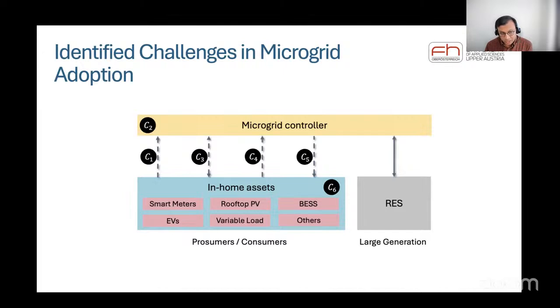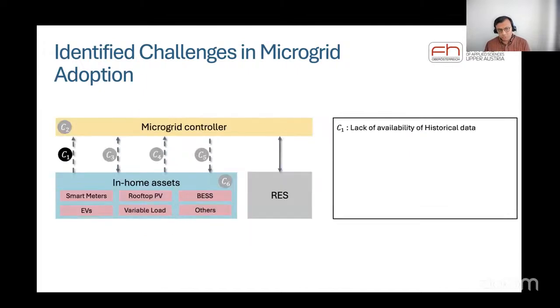While communicating, we identified there are 6 major data challenges. The first one is the lack of availability of historical data. So the problem is when we talk about historical data, usually there is not a lot of data which is available from the users. And historical data plays a pivotal role in defining business models with clarity and precision.